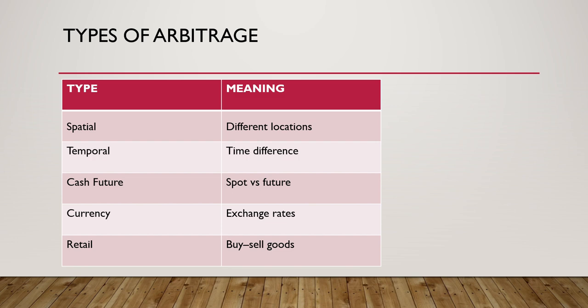The retailer always buys products at lower prices and in bulk quantity, but when it comes to the consumers, it is always at a high price, basically the MRP price. So here are the types of arbitrage.